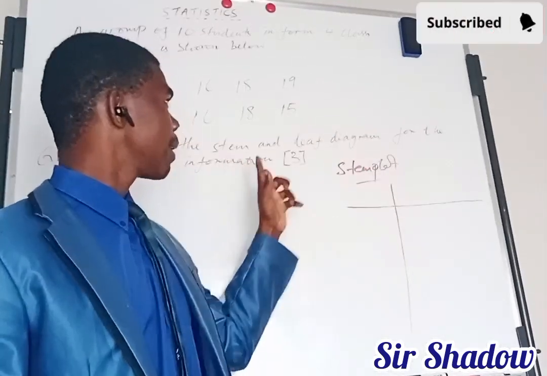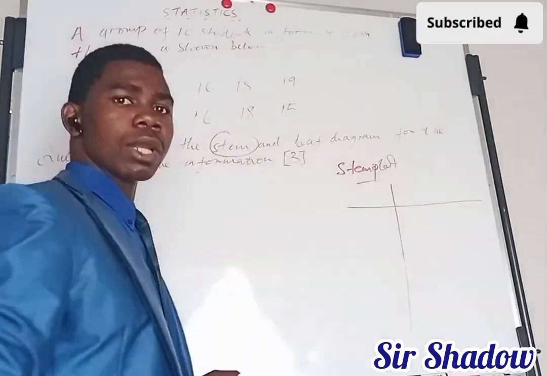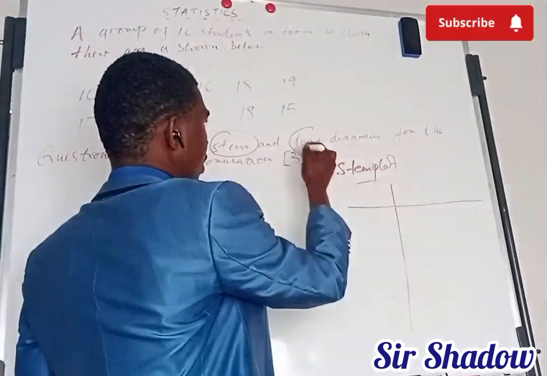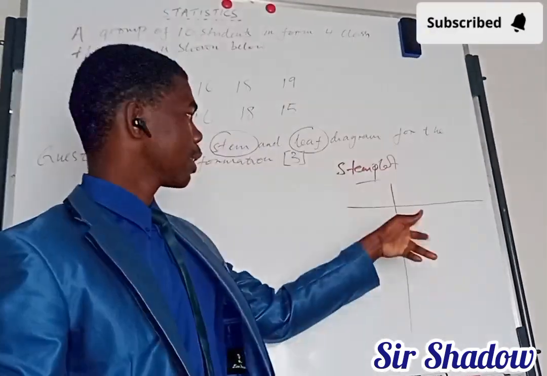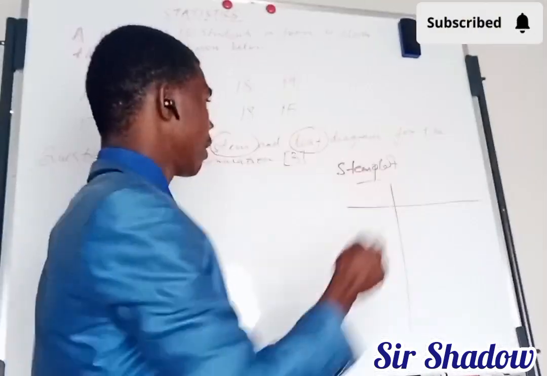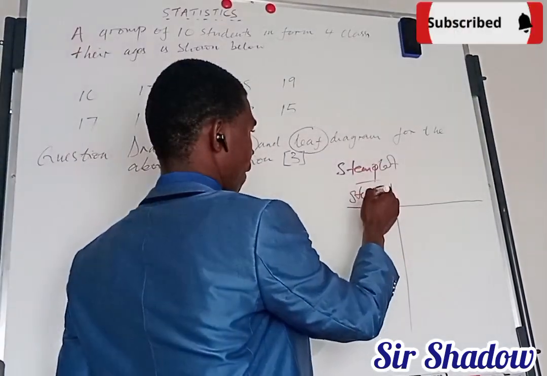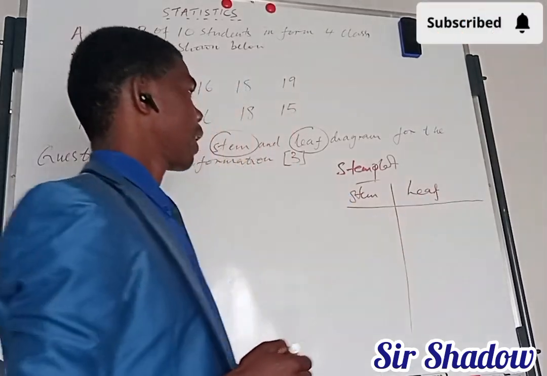Since we have stem and leaf, we have the first one which is stem, then the second one which is leaf. So we should divide this column into two. We have the stem column and the leaf column. This one is stem, then this one is leaf.